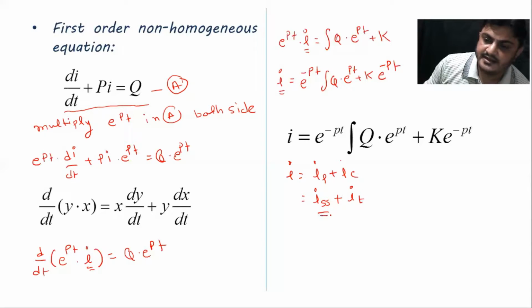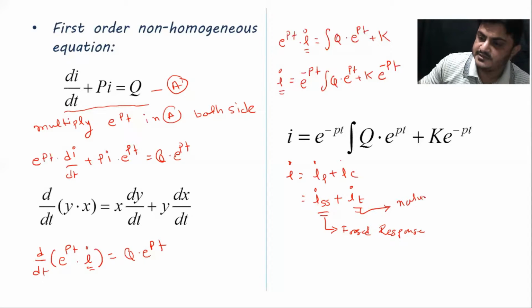ISS means your steady state component and IT represents your transient component. So you can see that this is your forced response, and this is your natural response, right?